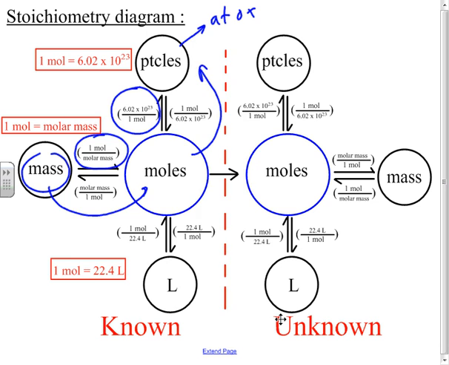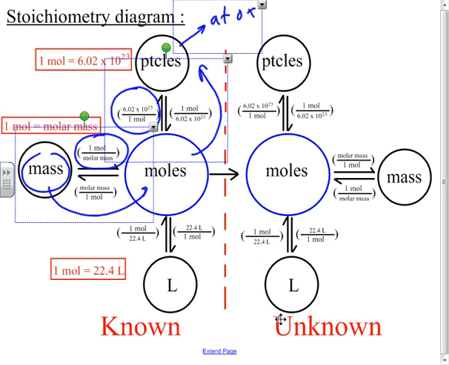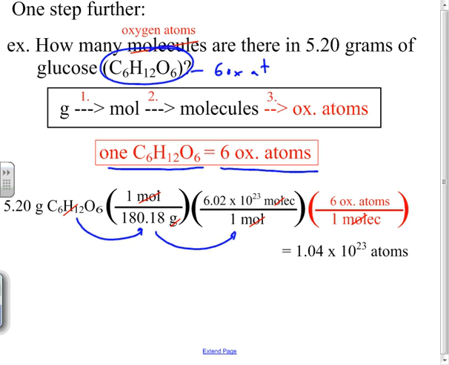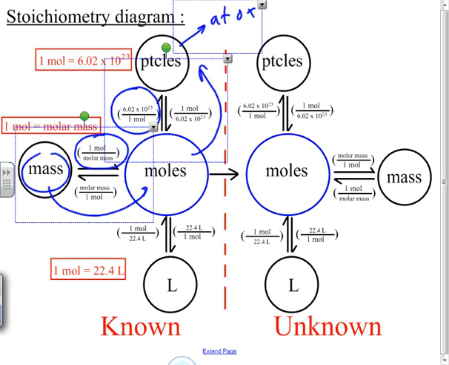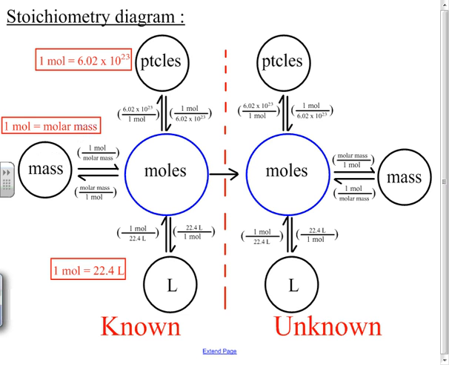So again, if we go back to our mole map, okay, we're given grams and we want to get to atoms of oxygen. So we have to get to moles, follow the arrow.